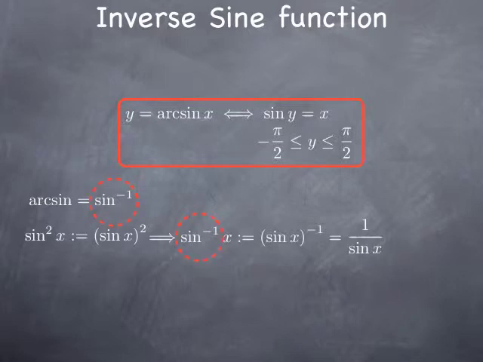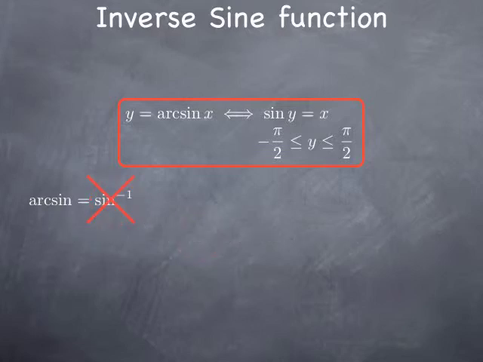But the sine to the -1 as an alternative notation for arcsine is the inverse for composition of functions. It has nothing to do with the reciprocal of sine x. So, because of that, I will not use this notation and keep arcsine for the inverse sine function.